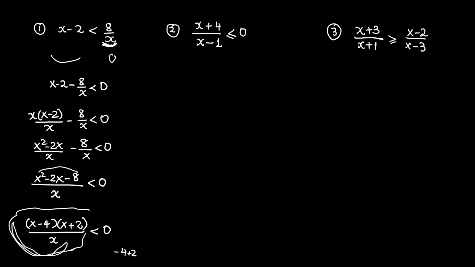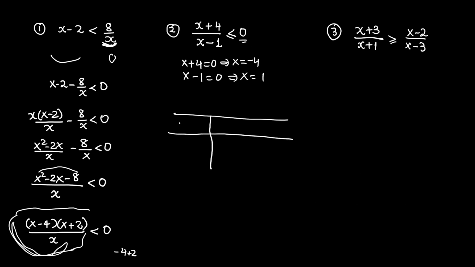Let's solve the second inequality. This one, we already have 0 here. So what I'm going to do is just solve x plus 4 equal to 0, x equal to minus 4. And x minus 1 equal to 0, I just write x equal to 1. Then I bring it here on the table.